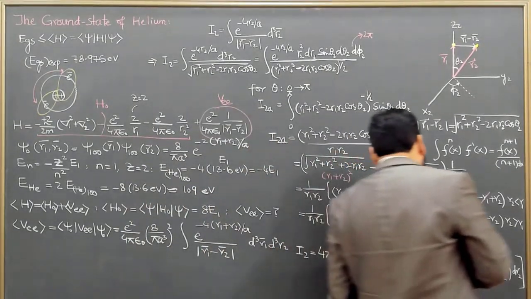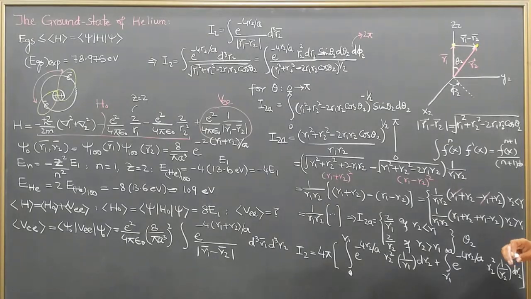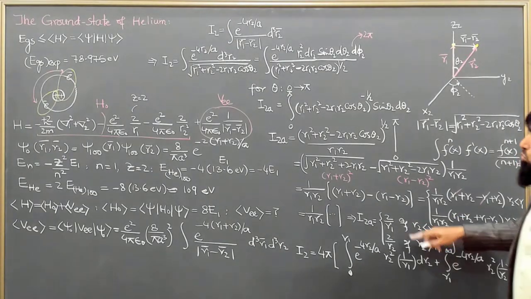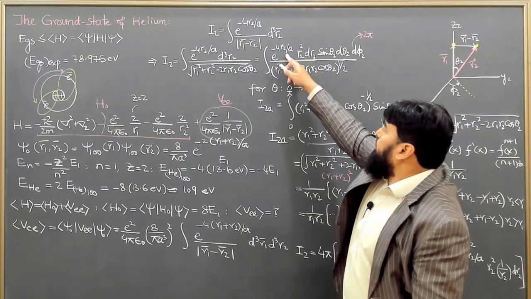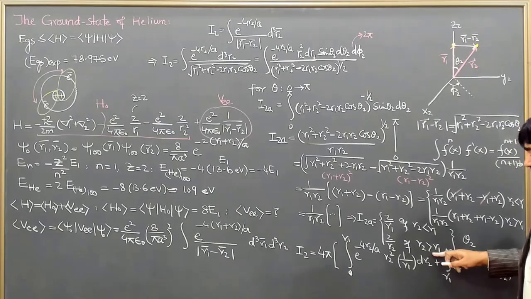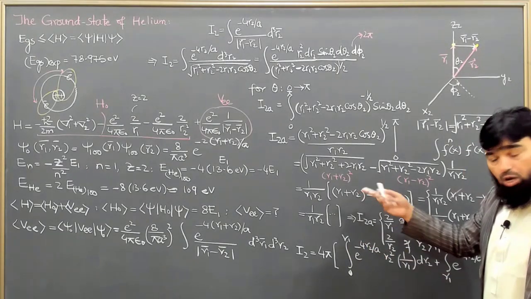So we split it. Why did we split it? Because, as we found the theta solution, the theta solution came out to be 2. So we split this integral into 2 because their limits are different. One is R2 less than R1, so it will only range from 0 to R1.